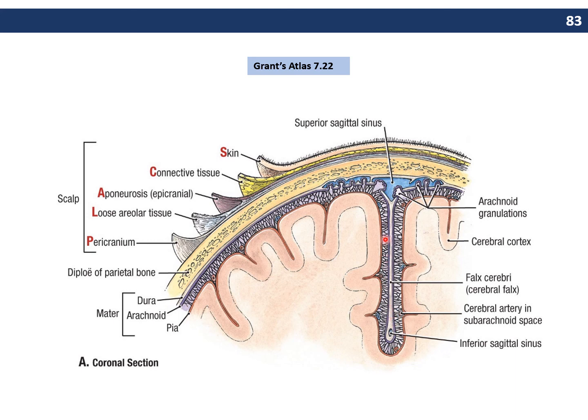Notice also in this subarachnoid space the presence of cerebral arteries and veins.